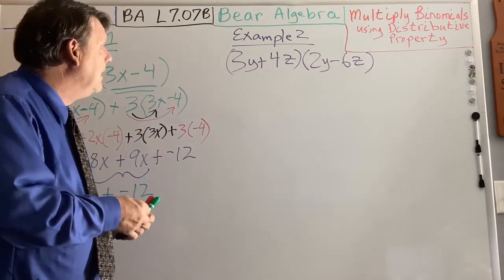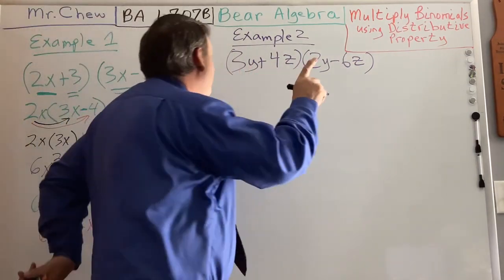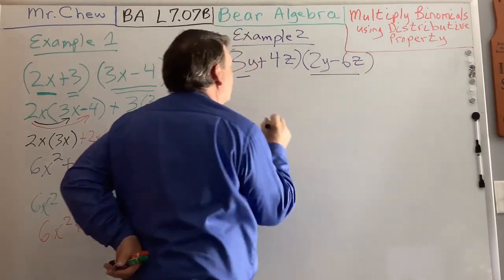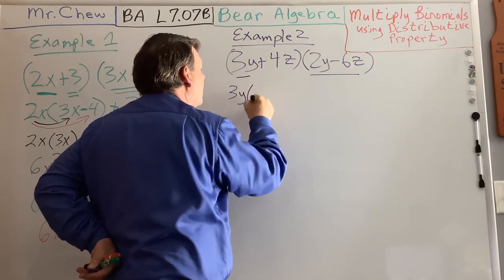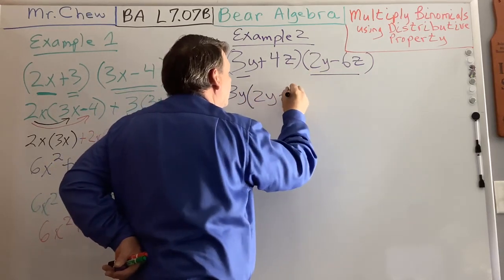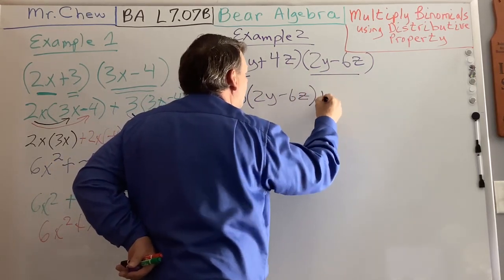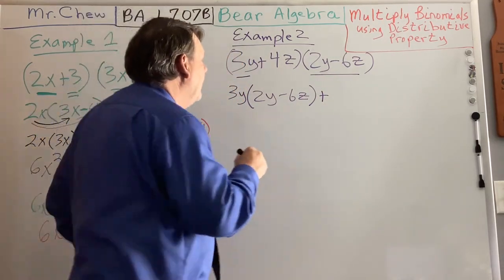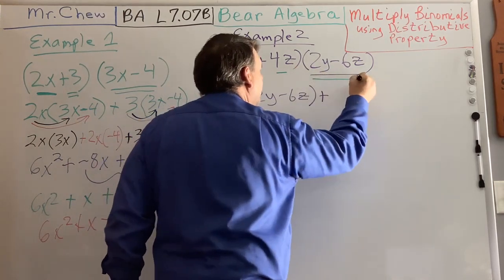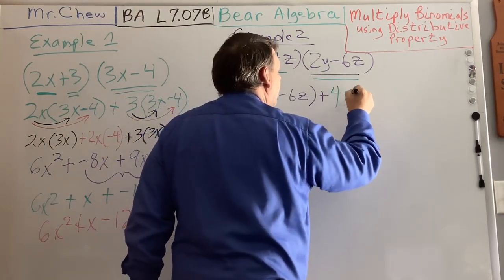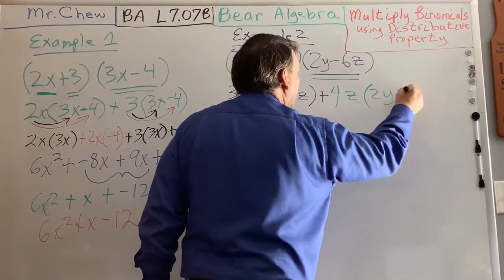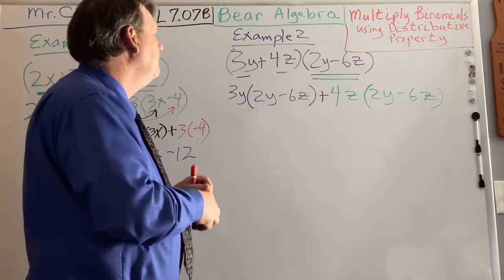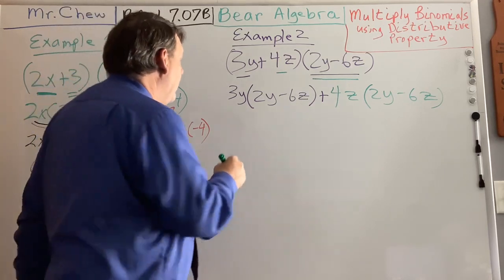Example 2. Using the distributive property, I take the first one, 3y, first term, times that parentheses, plus, now I'm going to take the second term times the parentheses. All right, and you remember what we do here?